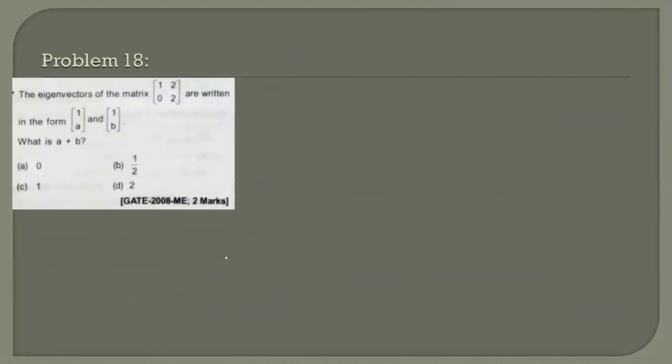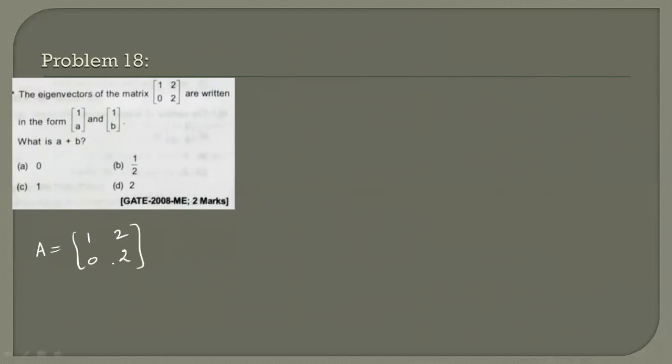The next question is, the eigenvalues of the matrix with rows 1, 2 and 0, 2 are written in the form 1, a and 1, b. What is a plus b? This is also a very famous question. But we have a smart trick for this question also. Let the matrix A given to you be 1, 2, 0, 2.